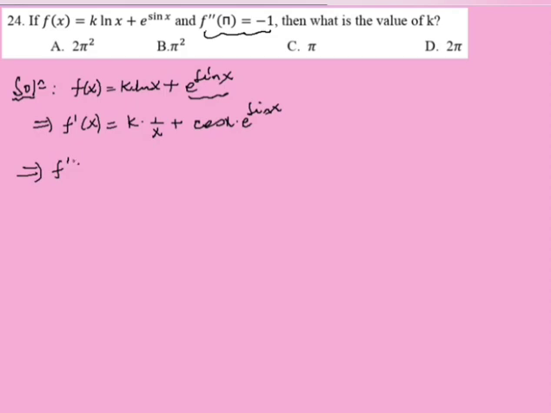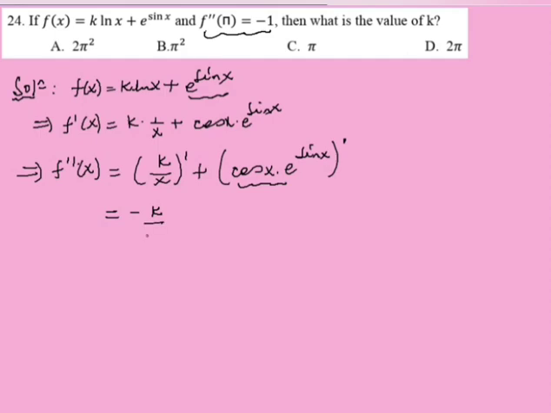Now we can calculate the second derivative. So our second derivative will be the derivative of k over x plus the derivative of cos x times e to the power of sine x. Here we need to apply the product rule and chain rule. So this becomes minus k over x squared, using the quotient rule, plus the derivative of cos x times e to the power of sine x plus cos x times the derivative of e to the power of sine x.